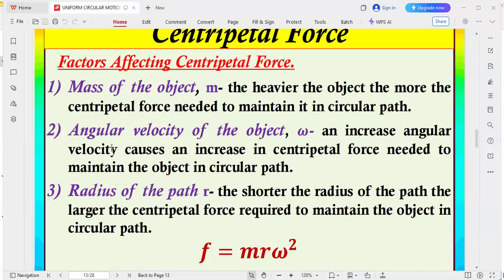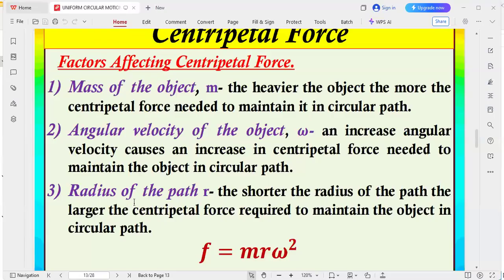Then if we have two vehicles, one moving very fast, another one moving very slowly, it's very easy for the one moving slowly to negotiate a bend. But the one that is fast requires a higher centripetal force. That's why we have speed limits at every corner of a road. Then radius of the path, we have some roundabouts, others are very huge.